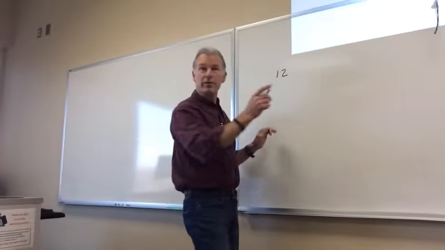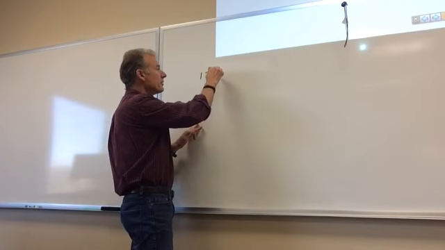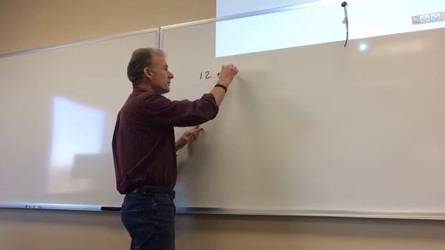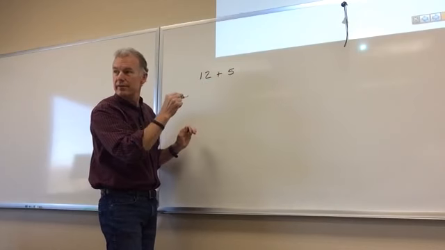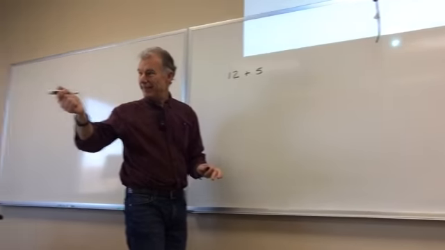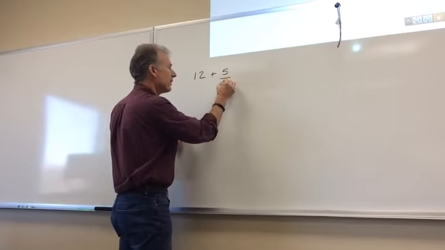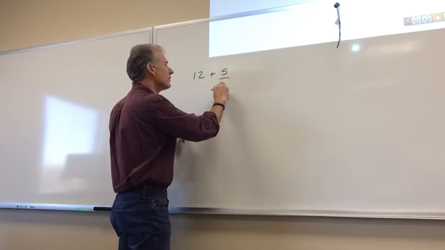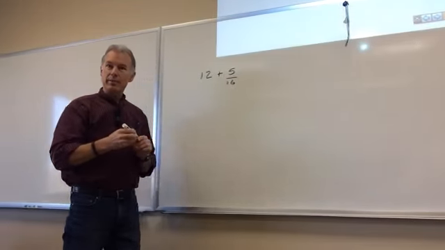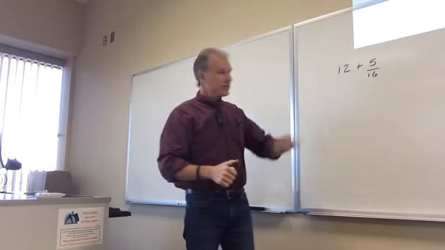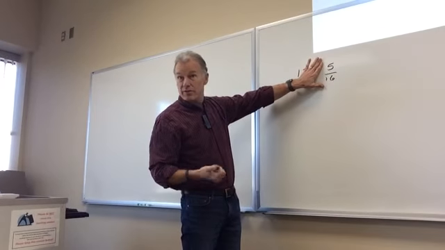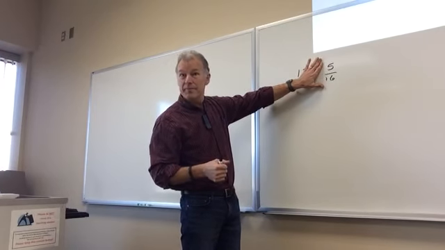Oh, you're close. You're close. 12 pounds plus the 5 ounces, but we've got to do one little thing to the 5 ounces. And make it into pounds by dividing it by 16. There's 16 ounces in 1 pound, right? So that's a percentage, essentially, 5 out of 16.